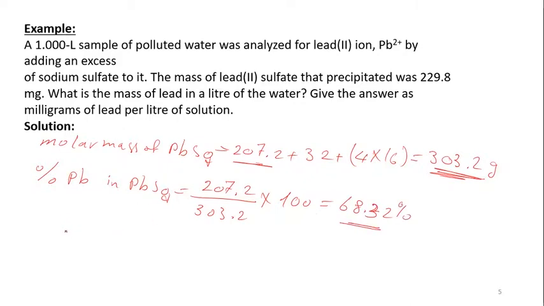From that I can calculate the percent or the amount of lead in the sample. The amount of lead in the sample would be equal to the grams that precipitated multiplied by the percentage of the lead in the lead sulfate.